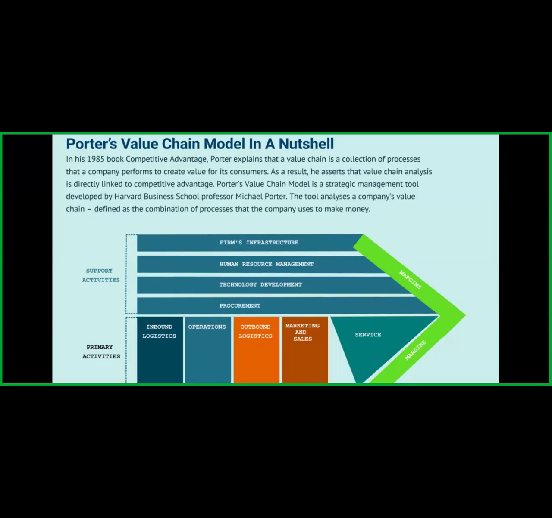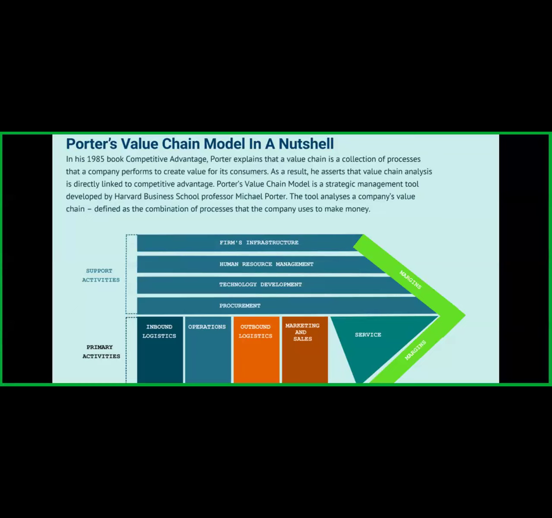As it is not directly related, that's the reason why it is mentioned under support activities or secondary activities. Why support activities? Because it is supporting the primary activities. That's the reason why it is called support activities.